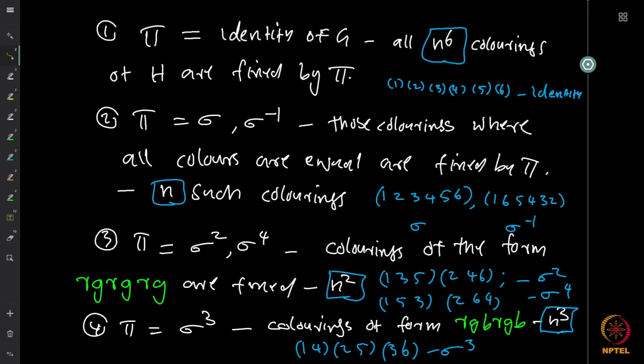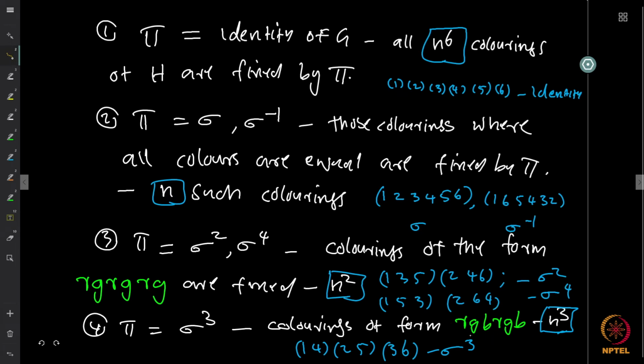Now, if pi is sigma cube, then sigma cube is precisely 1 4, 2 5, and 3 6. Therefore, the colorings of the form where the first three are the same, right? Once you fix the first three, then the remaining three are the same, right?